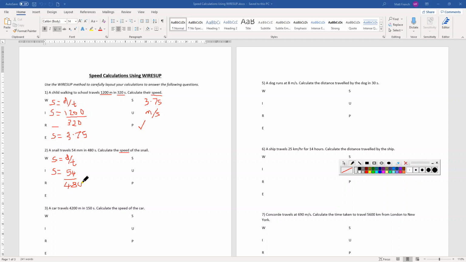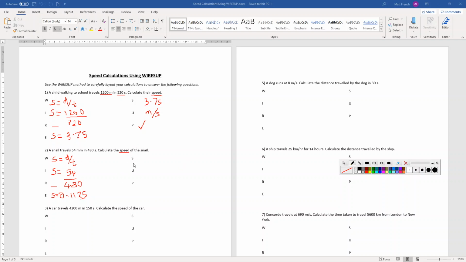Again, we don't need to do any rearranging, so we're not too concerned by that. Evaluation, we're going to do 54 divided by 480, which my calculator tells me is 0.1125.